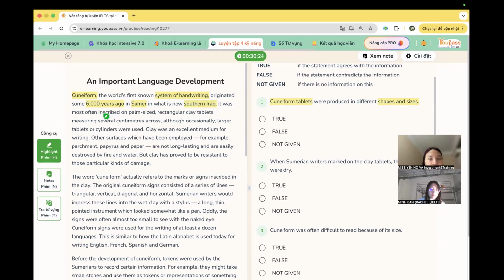So it's more often inscribed. Inscribed means you used a pen, something really sharp and pointed, and then they make a mark in the surface. Khắc dấu, inscribed.